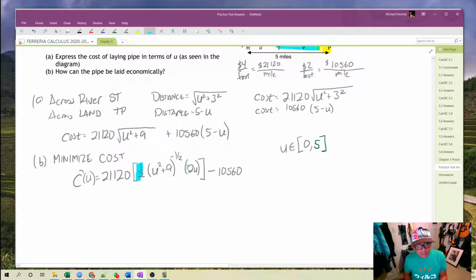We can do a little bit here. We can cancel out the 2 and the 1/2 to give us something that looks slightly better.